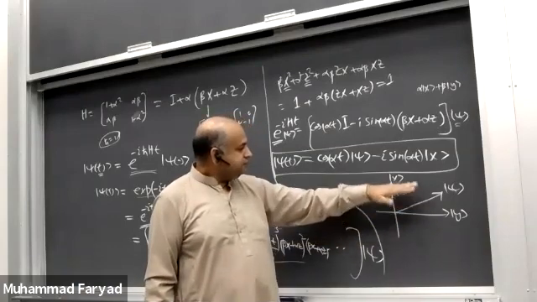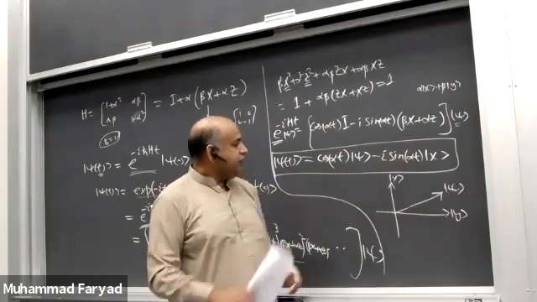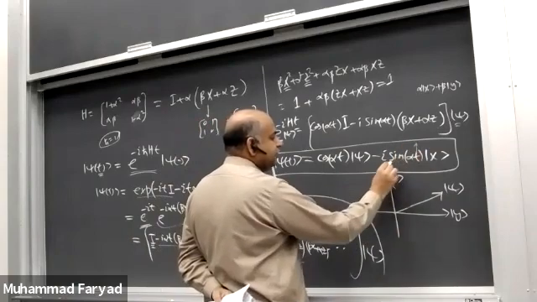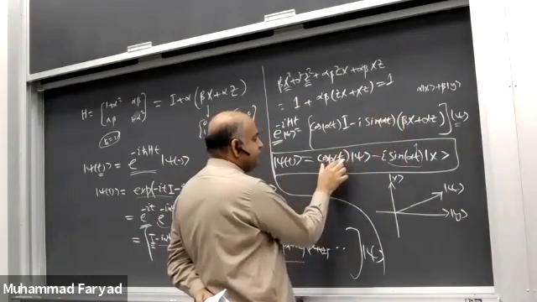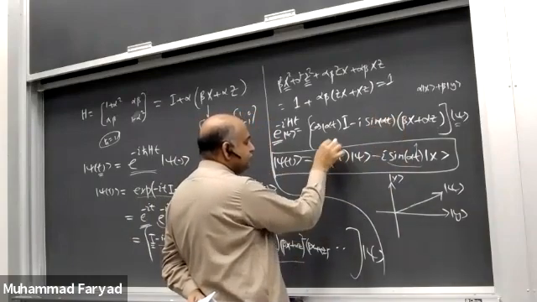Anyway, as time t increases from 0, it is rotating towards x, because as t increases, this sine begins to increase from 0, and this angle increases from 0, this cosine starts decreasing from 1.